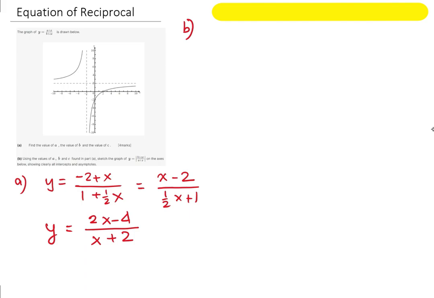Part B, we want to sketch absolute value of x plus 2 over 2x minus 4. Make sense? Basically this. So that half, I just wrote it like this, becomes easier.